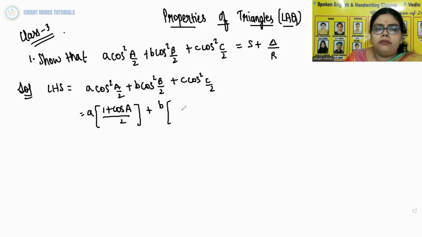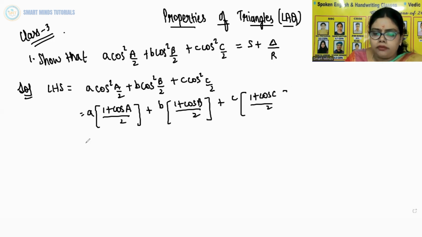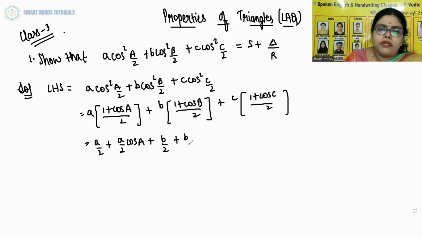Again cos square B by 2 can be written as (1 plus cos B) by 2, and cos square C by 2 can be written as (1 plus cos C) by 2. So if we multiply this inside, we will get A by 2 plus A by 2 cos A plus B by 2 plus B by 2 cos B plus C by 2 plus C by 2 cos C.